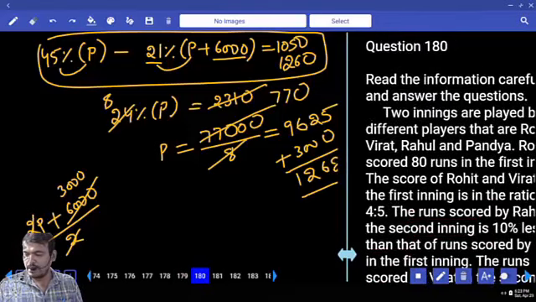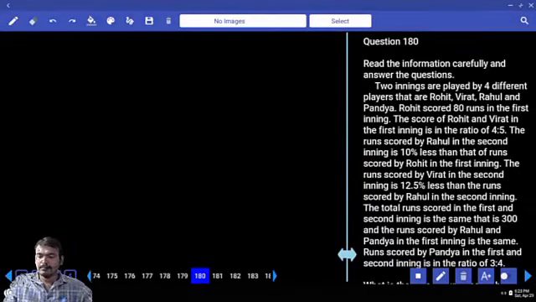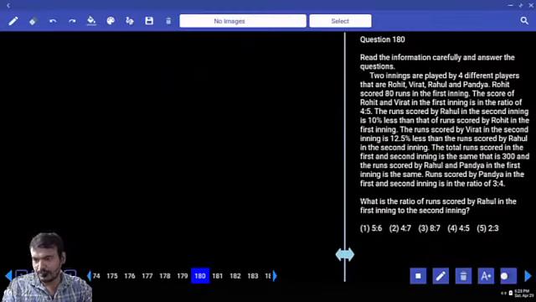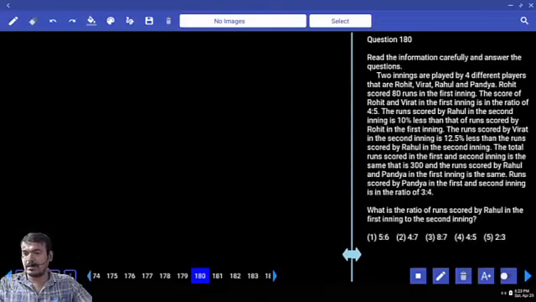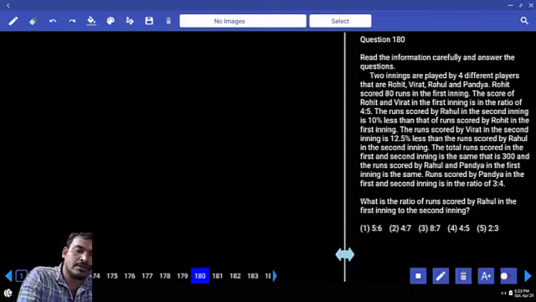Next question number 180. Two innings are played by 4 different players, that are Rohit, Virat, Rahul, Pandya. How many players are there? 4 players.